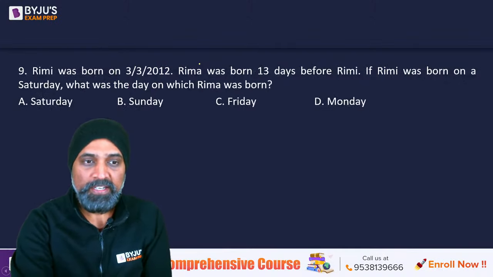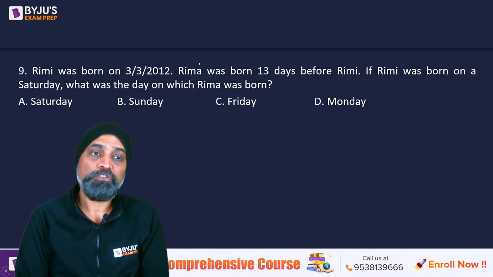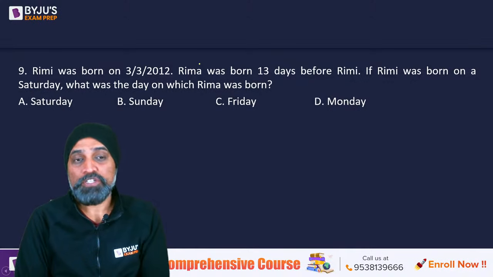Okay. Rimi was born on 3rd, 2012. Rima was born 13 days before Rimi. If Rimi was born on a Saturday, which was the day on which Rima was born? Which one is the day and which one is the month?